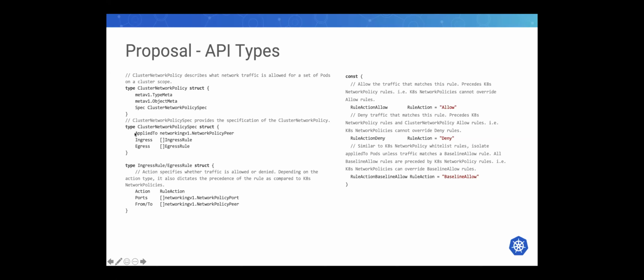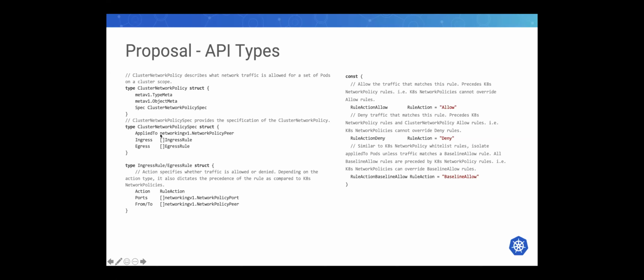Now, the one difference you will see is that if you look at a Kubernetes network policy spec, it has a pod selector at the spec level. In our case, we decided to rename that field to something like applied to. What it essentially means is that this policy spec is applied to this set of resources.